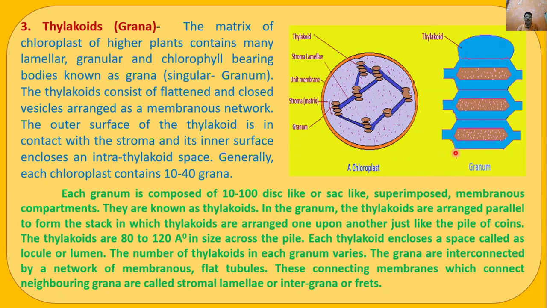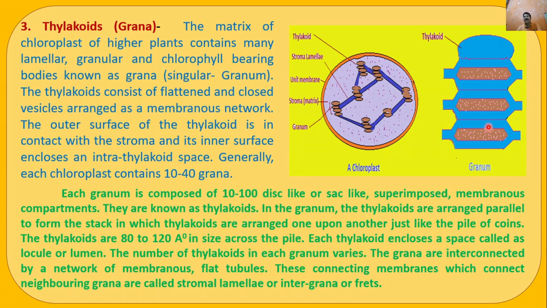Sometimes the number of thylakoids may be 10 in some chloroplasts, and it ranges up to 100 in some chloroplasts. So they are known as thylakoids. In the granum, the thylakoids are arranged parallel to form a stack in which thylakoids are arranged one upon another, just like piles of coins.